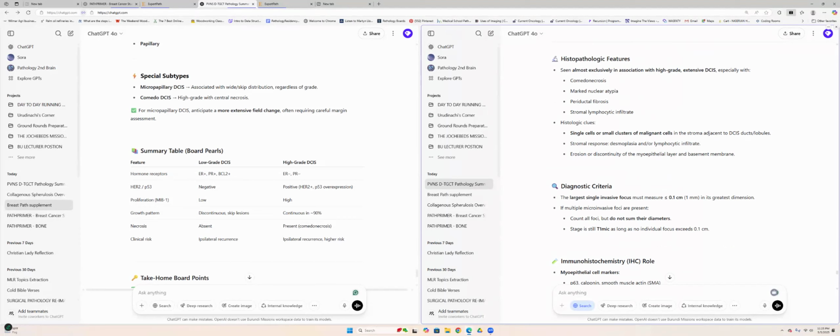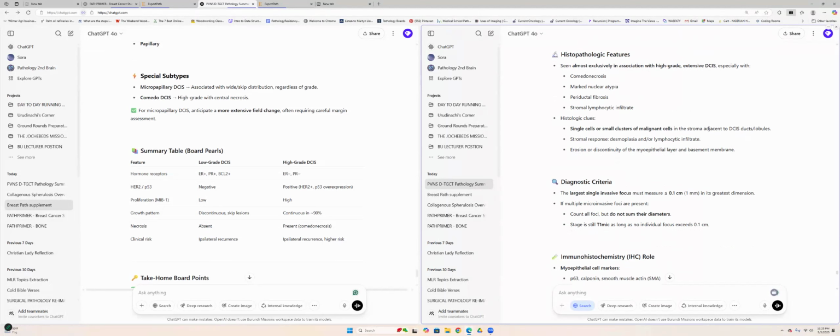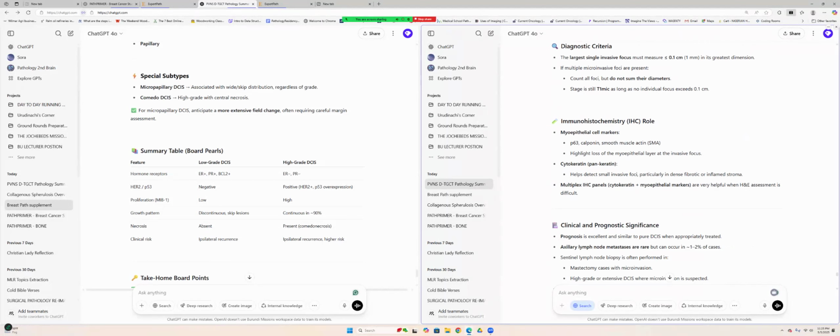Both of them have excision. What would be the difference? And then also maybe the margin you're going to leave. All those ones. There's radiotherapy for high grade.